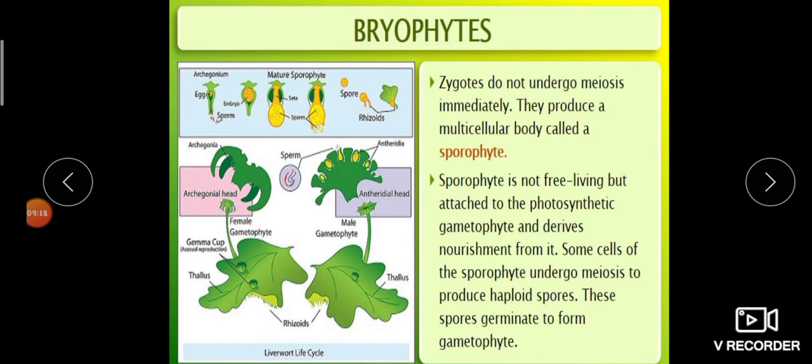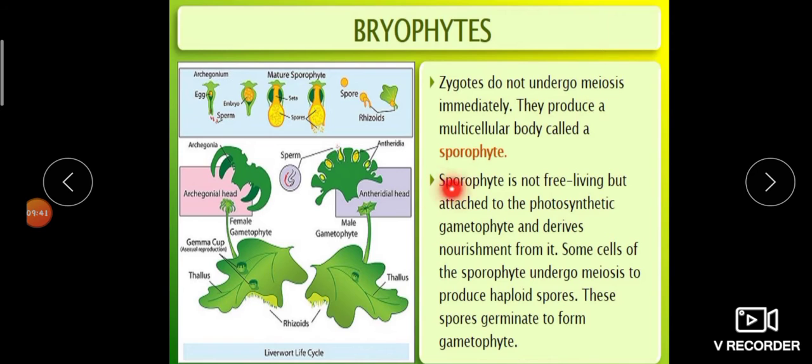A multicellular body called sporophyte is produced, and some cells present inside the sporophyte undergo meiosis to produce haploid spores. So what are the events that happened? Sperms come and fuse with the egg to produce a zygote, and the zygote does not undergo meiosis immediately. So it produces a multicellular body called sporophyte.